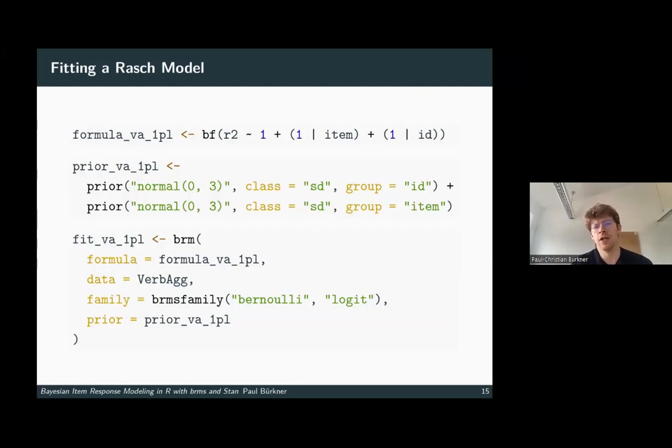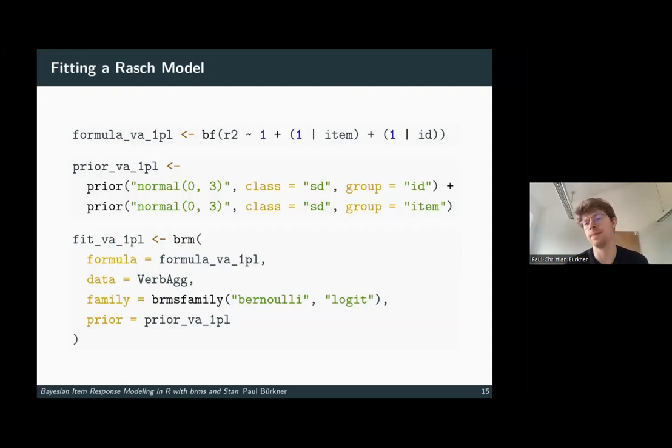If we're just fitting a 1PL, that is a Rasch model with hierarchical priors on item and person parameters, where item is indicated by this item column and ID is the person column, then we would specify our Rasch model with hierarchical priors on item and ID. By the syntax, we automatically have the hierarchical prior. We wouldn't need to specify explicitly the prior for that.